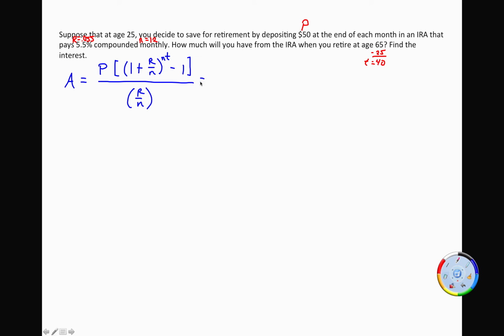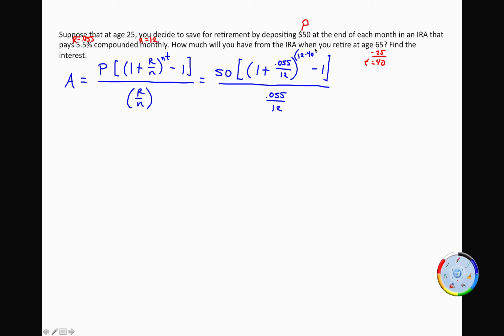So if I plug those values into the appropriate places in my formula, I have 50 times 1 plus 0.055 divided by 12 to the 12 times 40 minus 1 all over 0.055 divided by 12.